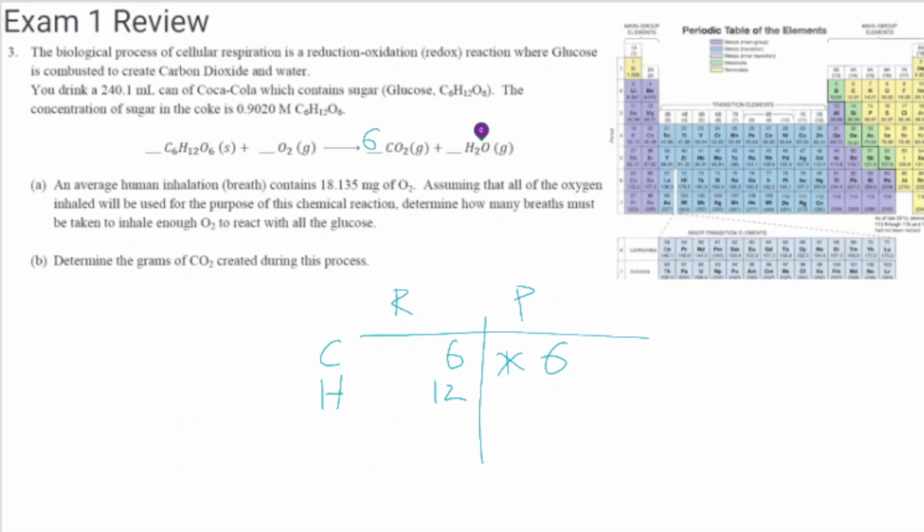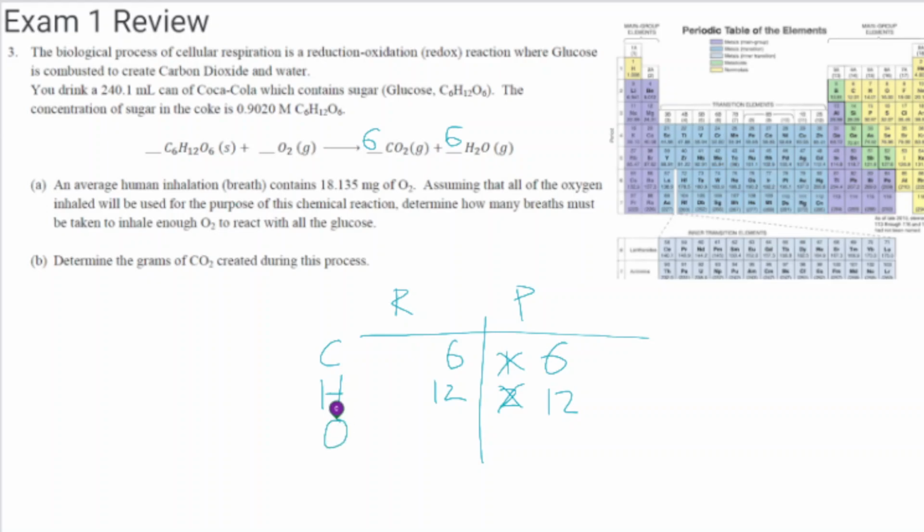So 1 times 2 is 2. Now to make that go up to 12, if I put a 6 coefficient there, we'll have 6 times 2, and now that is equal to 12. And so we'll have 12 hydrogens on each. And again, this would change the number of oxygens on our product side, but since we haven't balanced oxygens yet, we don't have to worry about it.